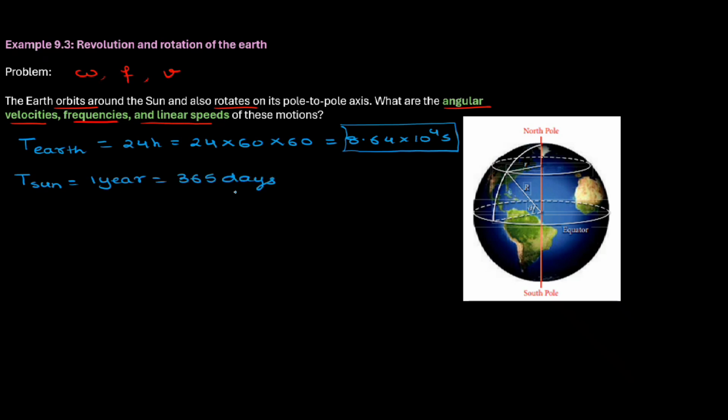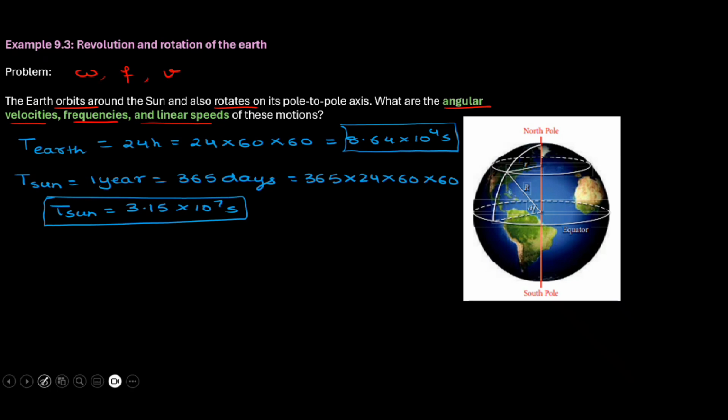And how do we convert these days to seconds? We know every single day has 24 hours and every hour has 60 minutes. Every minute has 60 seconds. So when you convert this time to seconds, you get the time period of revolution as 3.15 times 10 to the power 7 seconds.